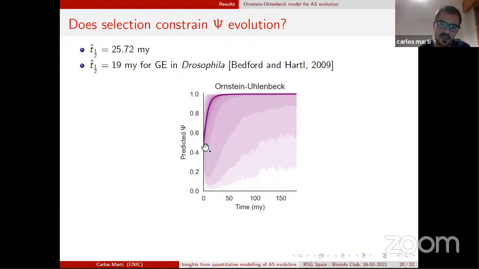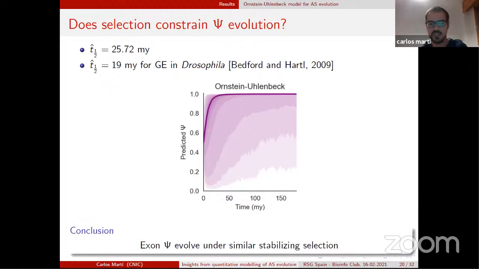Therefore, we can see that the average trait goes rapidly towards 1, but there are always some exons that remain included at a low rate, even if the optimal value is still 1, suggesting that selection is not sufficiently efficient to remove those exons that are skipped at a relatively low rate, but remain there. Overall, what we see from this type of analysis is that exon inclusion rates are also evolving under stabilizing selection.